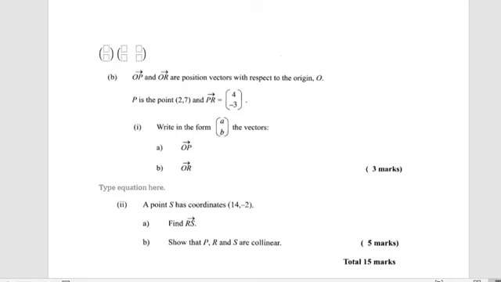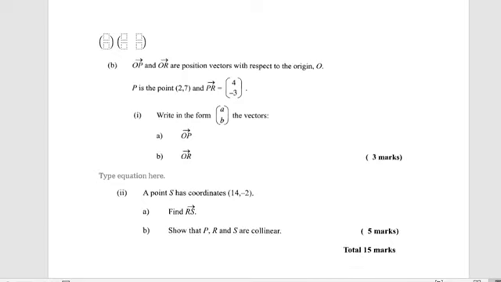So B now says vectors OP and OR are position vectors which represent the origin O, and P is the point 2, 7 and R the point 4, -3. So write in the form of a column vector the vector OP.